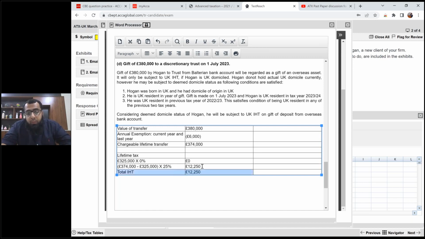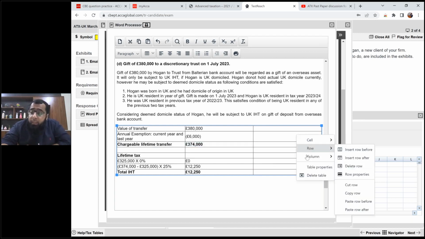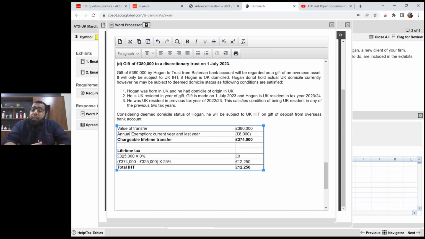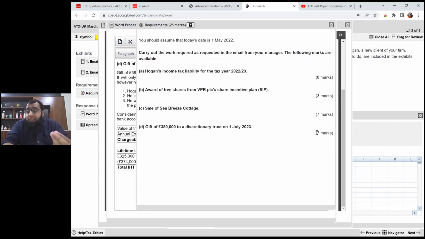So the total IHT will be 12,250 pounds. Believe me, if someone thinks that this is difficult, I must say that now this is his wrong judgment. There is nothing difficult till here. What I personally believe is that this was one of the easy requirements. What is difficult in this? And he gave you 7 marks for this working.